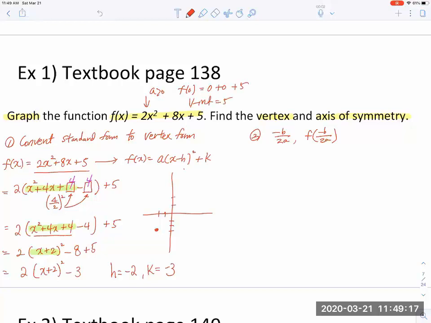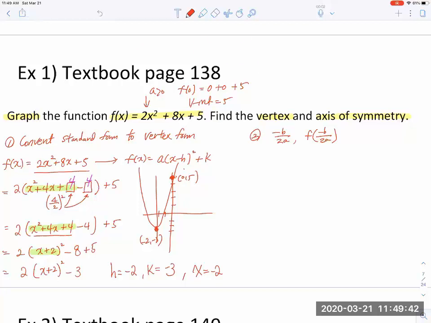So 1, 2, 3, 4, 5, you are going to be passing through 0, 5. You have -2 comma -3 as the vertex point. Your axis of symmetry is going to be x equal to -2, which is the halfway point that divides the graph into two equal parts.